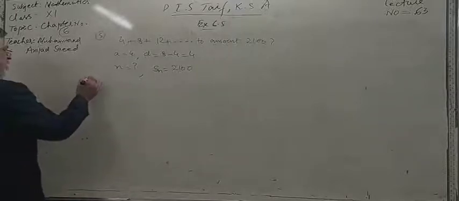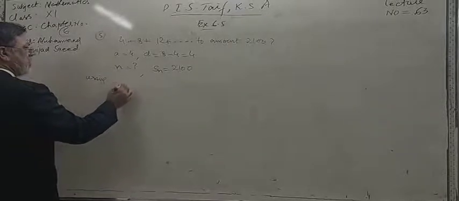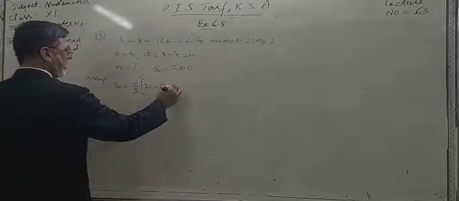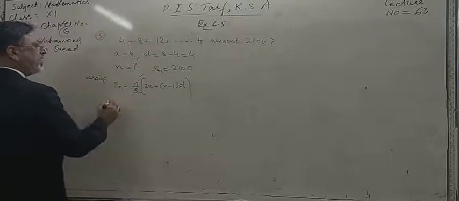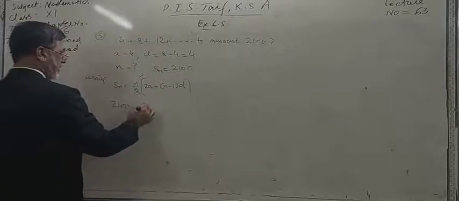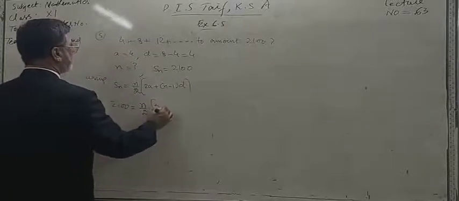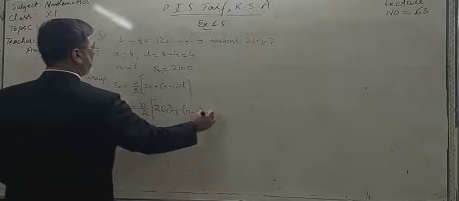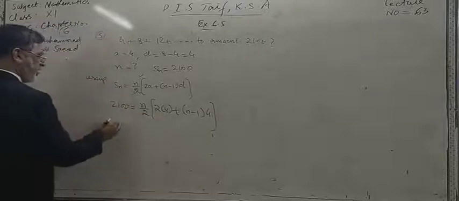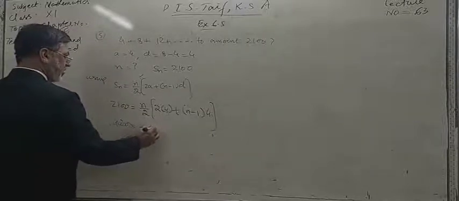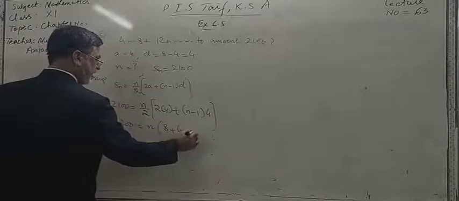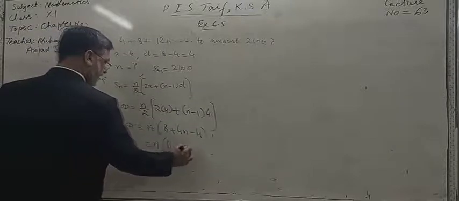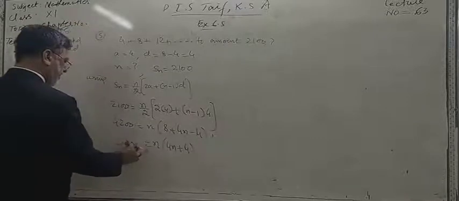So using Sn is equal to n by 2 into 2a plus n minus 1 into d. Sn is 2100, n over 2 into 2 into 4 plus n minus 1 into d, d is 4. 4200 is n into 8 plus 4n minus 4. n into 4n plus 4, 4200.